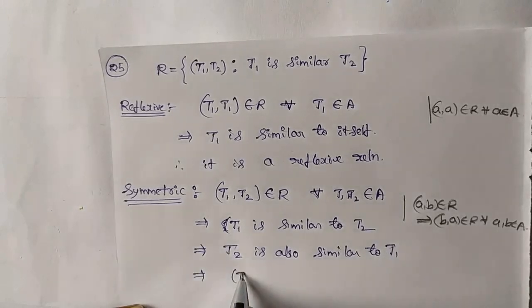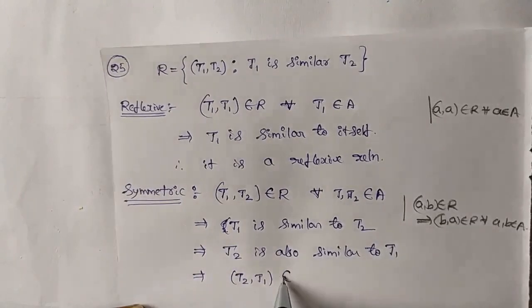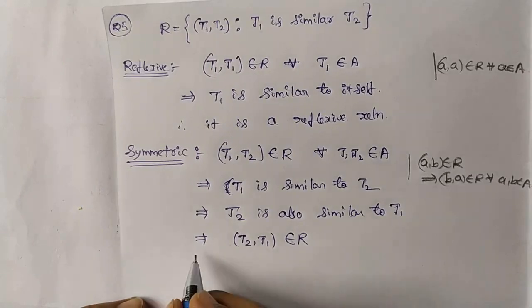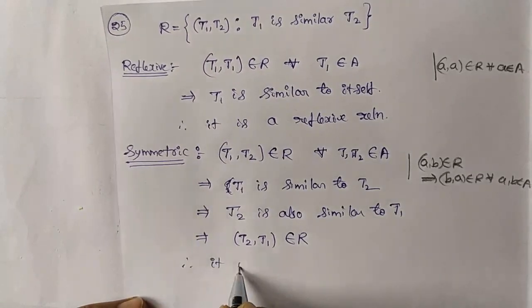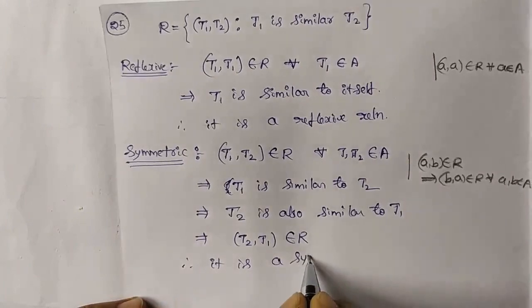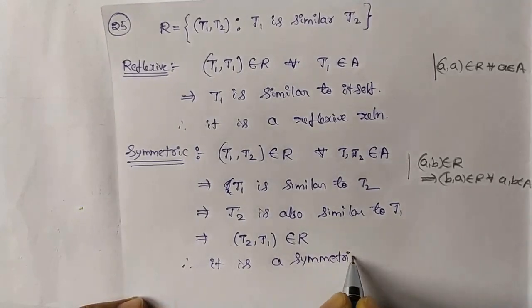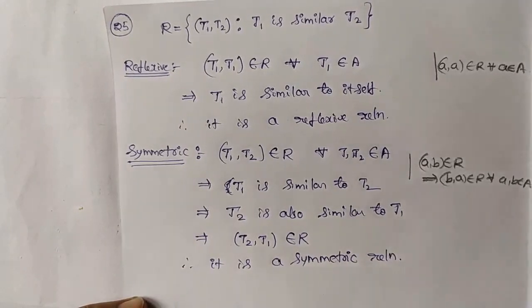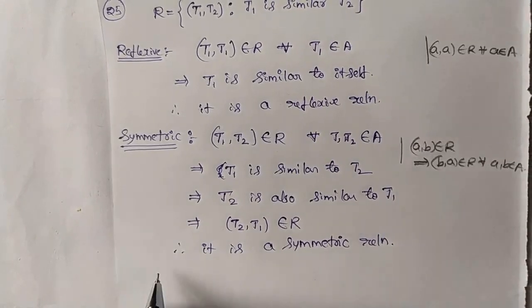Then (T2, T1) belongs to R. Therefore, it is a symmetric relation.